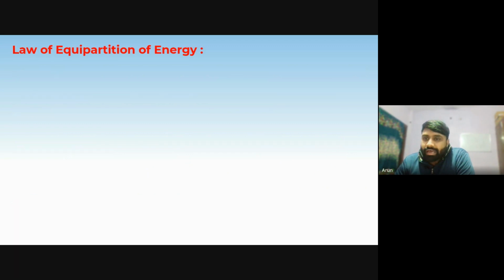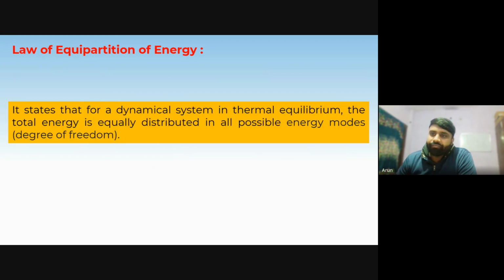Now, what is the law of equipartition of energy? The law of equipartition of energy says that for any dynamical system which is in thermal equilibrium, the total energy can be equally distributed in all possible energy modes, which is the degrees of freedom.